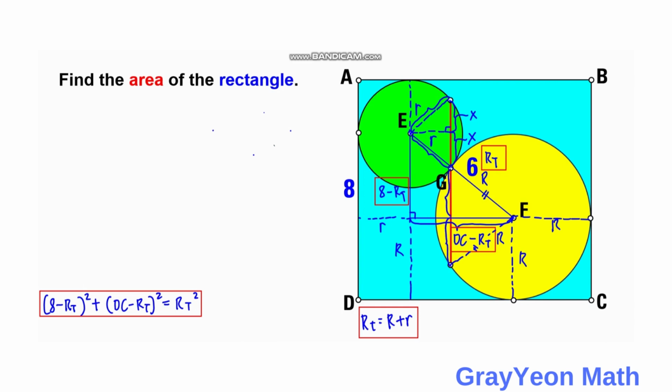So we can let this length be y, and since that is y, this should also be y, because this is a perpendicular bisector. And this is, of course, an isosceles triangle. Therefore, these two lengths are actually equal.